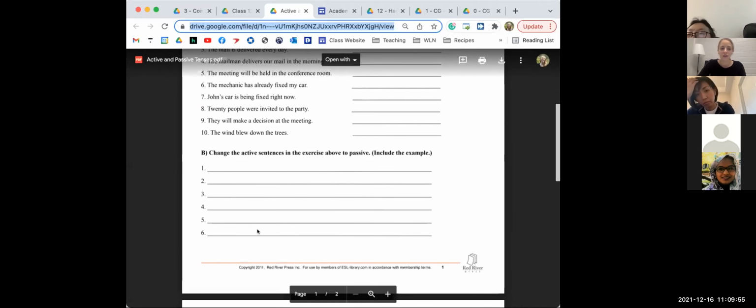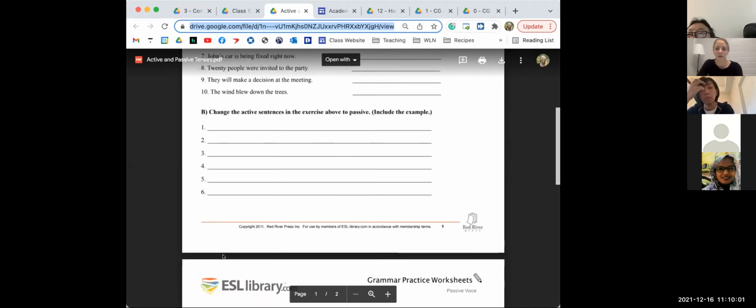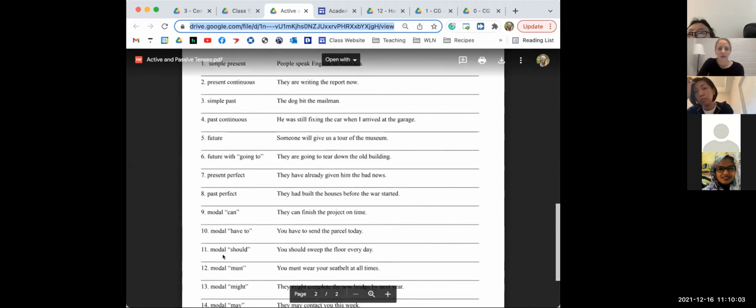Same with rewriting the sentences, do maybe 4, and then the last 2 you can do for homework. And then these sentences, work through as many of them as you can. And we'll take about 15 minutes or so to work together in your groups. If you have any questions or problems in the breakout room, then let me know and I'll come and visit and check up on each group as you're working.